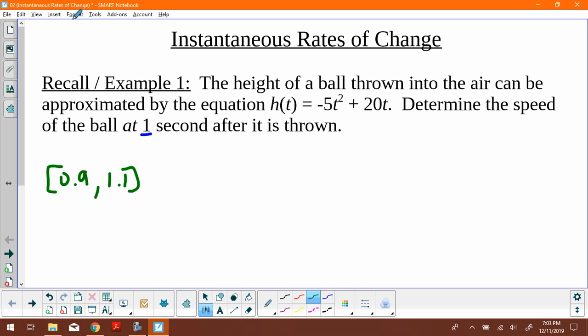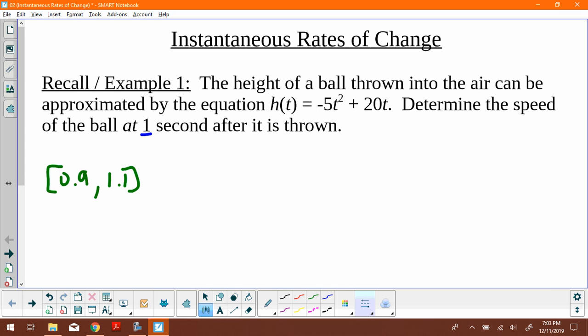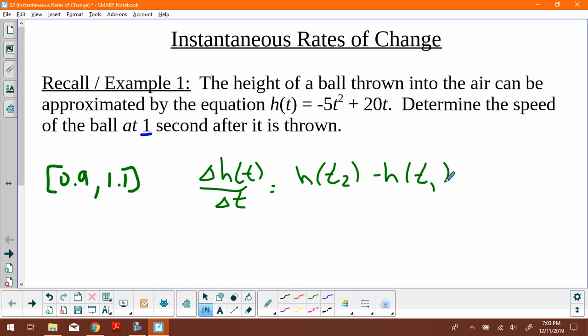So we go to our equation that we were using yesterday for the average rate of change. The change in height over the change in time equals h of time 2 minus h of time 1 over time 2 minus time 1.